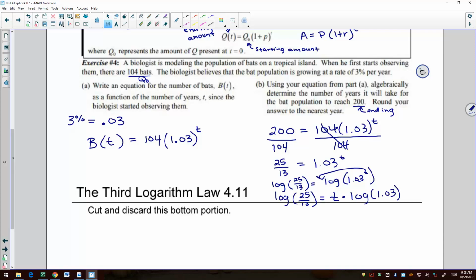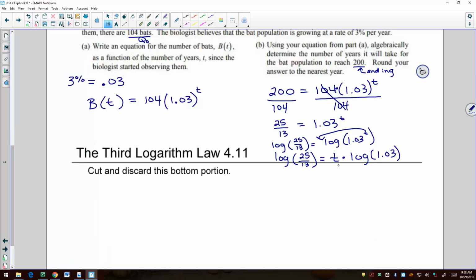Now that t is out of the exponent spot, I can divide the log of 1.03 over to the other side. And I'm going to just use my calculator and type in exactly what I have written on my paper. I'm going to type log of 25 over 13, close your parentheses, divided by the log of 1.03. It says round to the nearest year. It turns out to be 22 years if I round it.